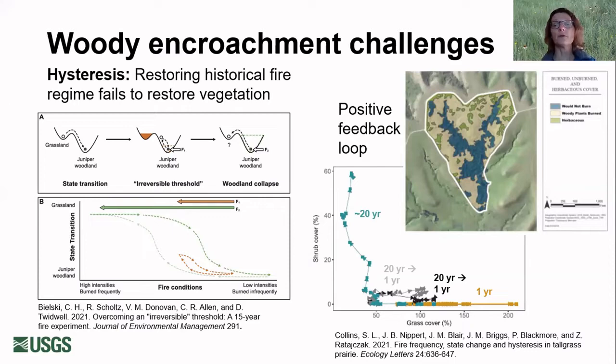And this has happened at the Konza Prairie Long-Term Ecological Research Site in the Flint Hills of Kansas, where blocks of land encroached by dogwood and other deciduous shrubs, because of fire exclusion, have not returned to grassland even 16 years after they've initiated an annual fire regime. Now the shrubs have decreased, but they're still quite a bit more abundant than they are in areas that have always had an annual fire regime, or at least a more frequent fire regime.